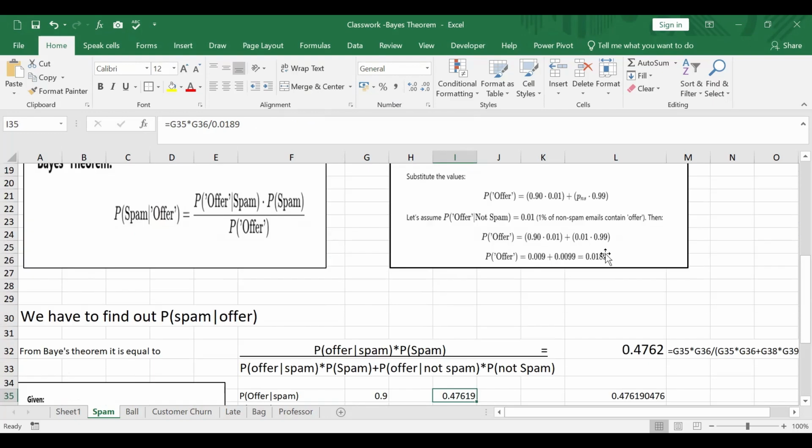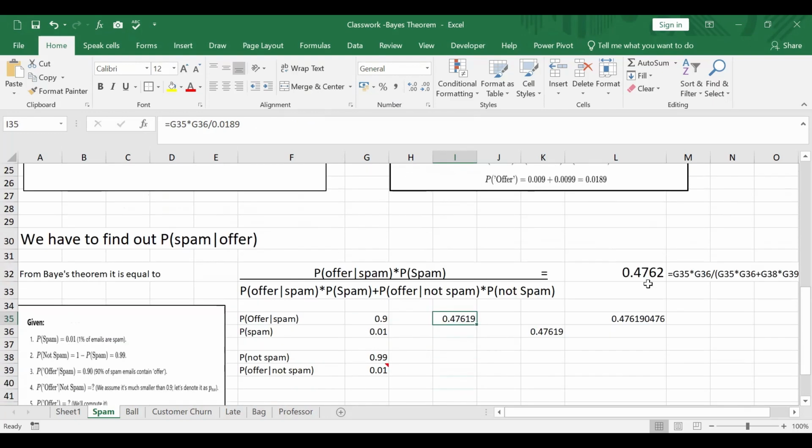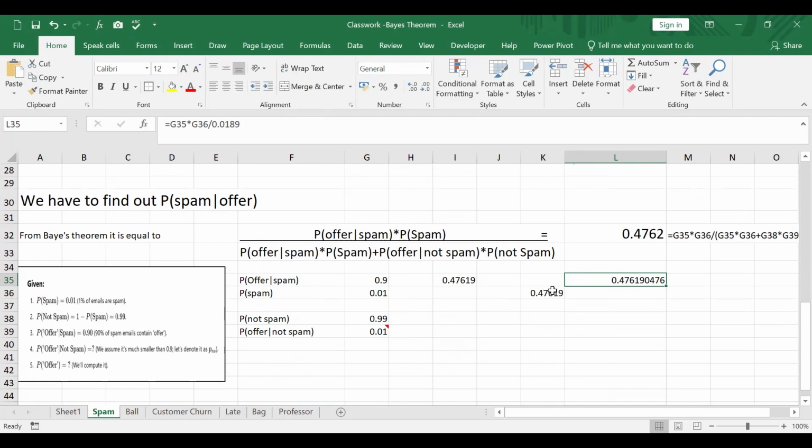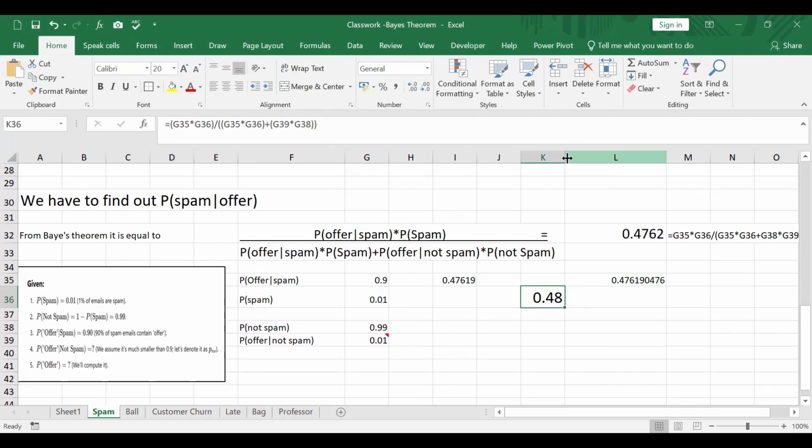Since I already calculated it using this formula, that is the final answer. Let us write this answer: 47%.